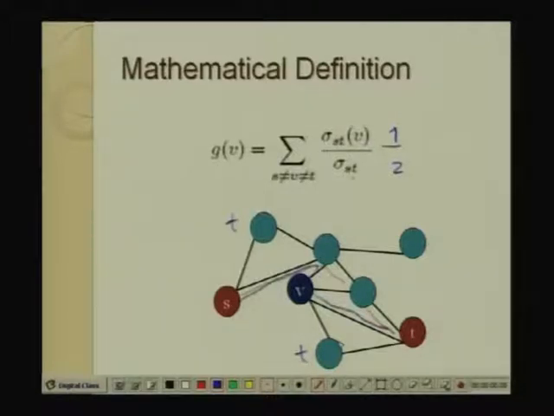You compute for all pairs and sum it over all pairs, and the value that you get is the betweenness centrality of this particular node V. In this way you can compute the betweenness centrality for every node. You only take the shortest paths, you do not take the longer paths.